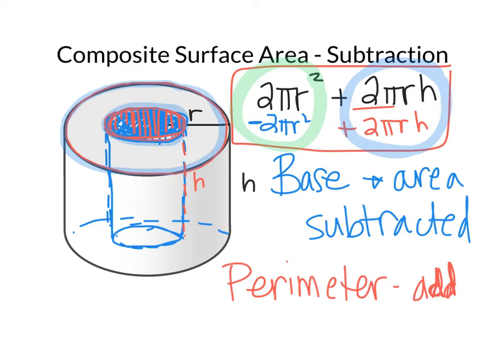Rather than trying to find every single surface and then adding them all up, we're going to use the same base and perimeter formula, but we'll be subtracting to find the area of the base, and we'll be adding to find the perimeter. I know it sounds confusing, and it is. So it's going to take you a couple of minutes, maybe watching the video again, so that you're able to understand what's going on here. We're subtracting base area and we're adding perimeter.